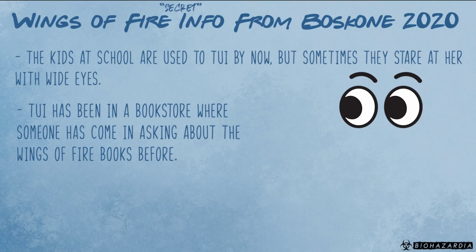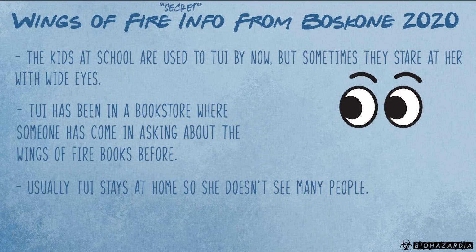And typically she's saved because the cashier will be like, oh, the author's here if you want it signed. So that TUI doesn't have to be like, guess what? Those are mine. She said that usually she doesn't get recognized when out and about, but she was recognized once at a march and it was super weird. Usually she stays in her writing cave though, and she doesn't see that many people.